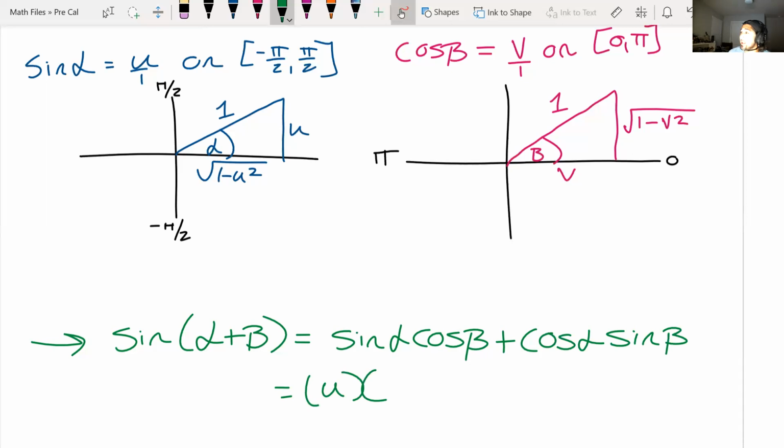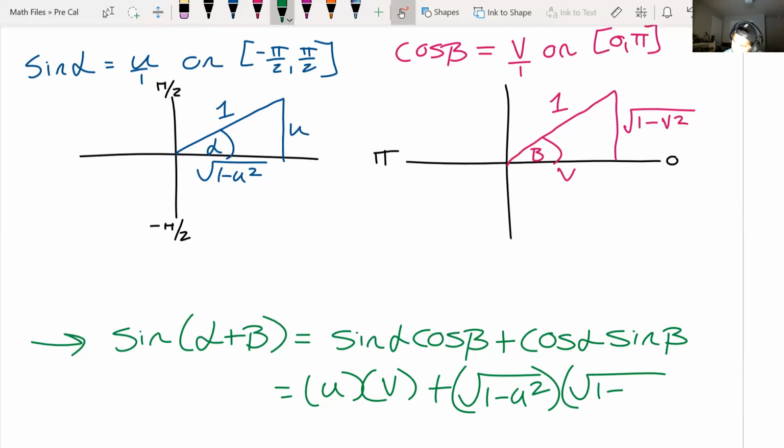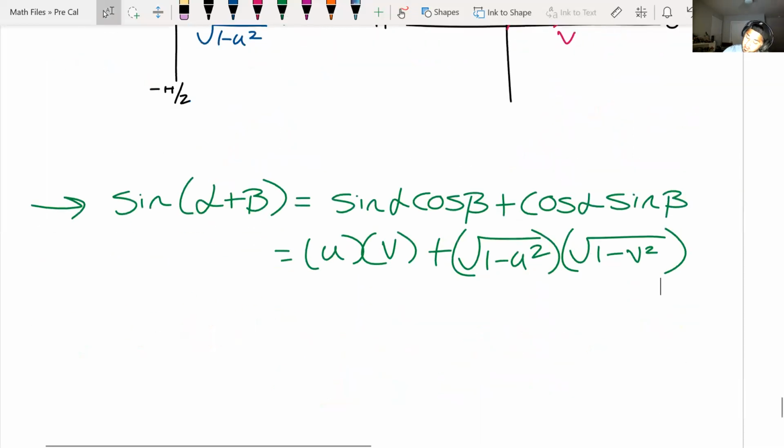And what is cosine of beta? v. And plus, what is cosine of alpha? Square root of 1 minus u squared. Good. And what is sine of beta? Square root of 1 minus v squared. There you go. And that should be finished.